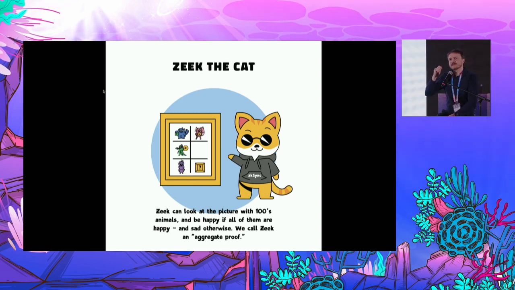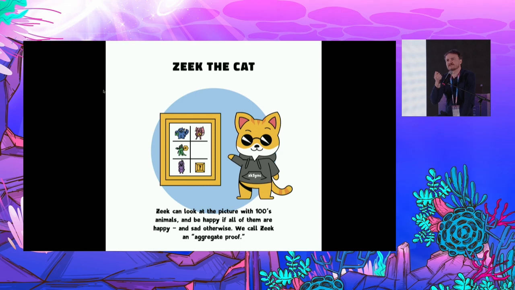Zeek can actually look at the pictures of other animals and be happy if all of them are happy, and be unhappy if at least one of them is unhappy. So we call Zeek recursive proofs or aggregate proofs. It has a special power. So remember, it can look at the picture with lots and lots of animals and just be happy or unhappy depending on their whole state.